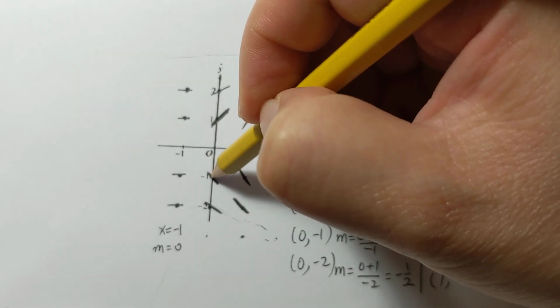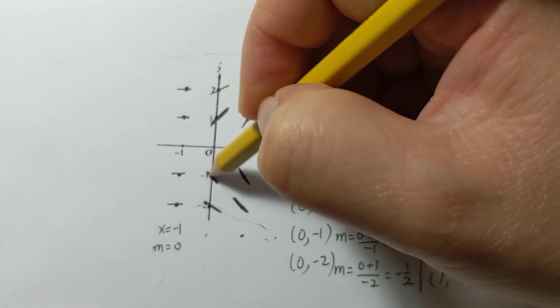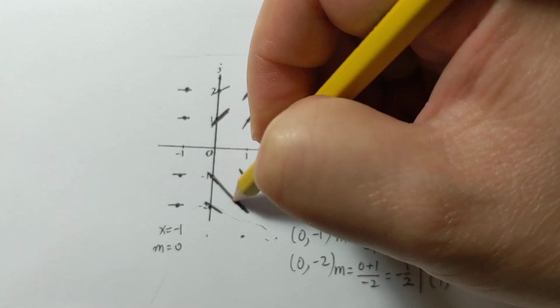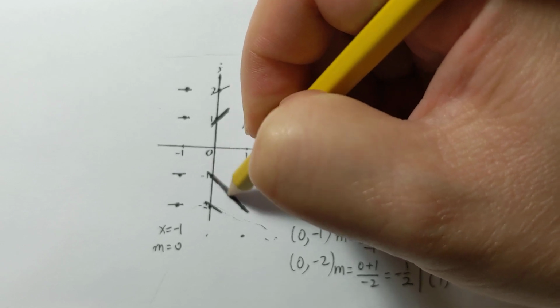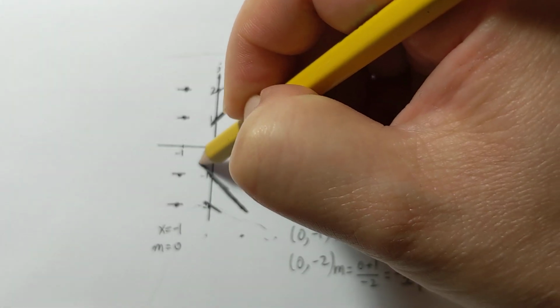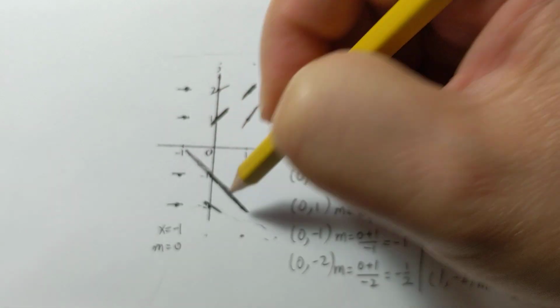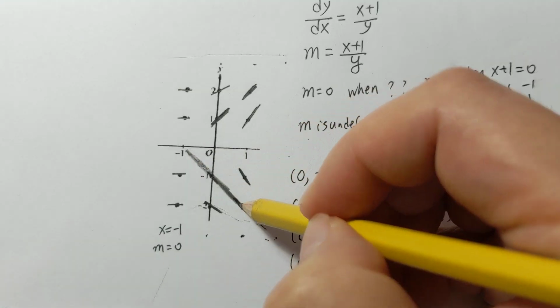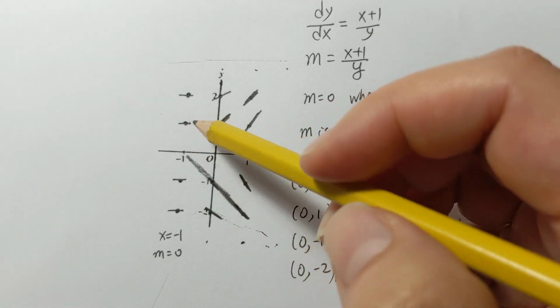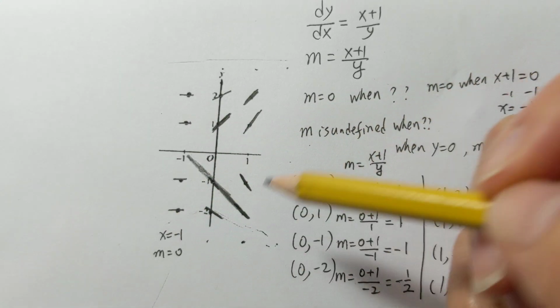If I go this way, it tells me I have to go passing this. If I go backward, I have to follow the slope equal to -1. So now this is going to be the solution curve on the interval between -1 and 1.